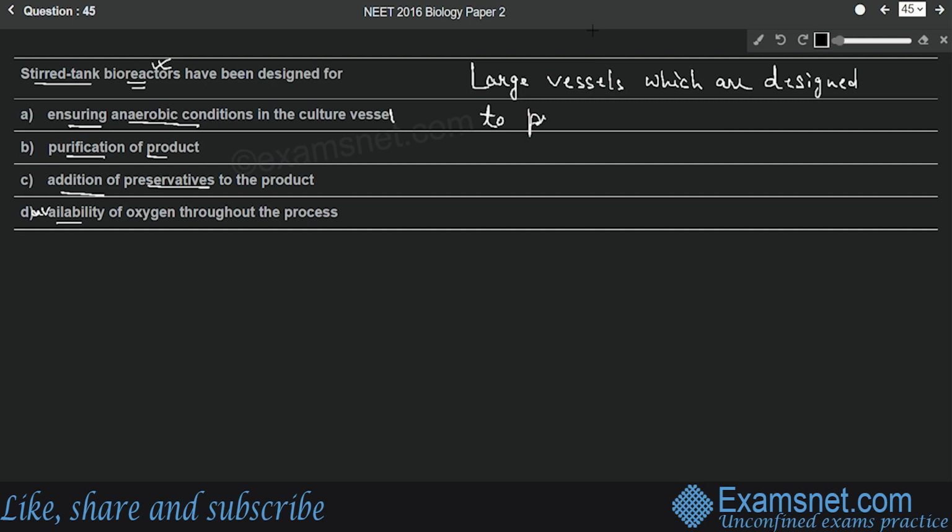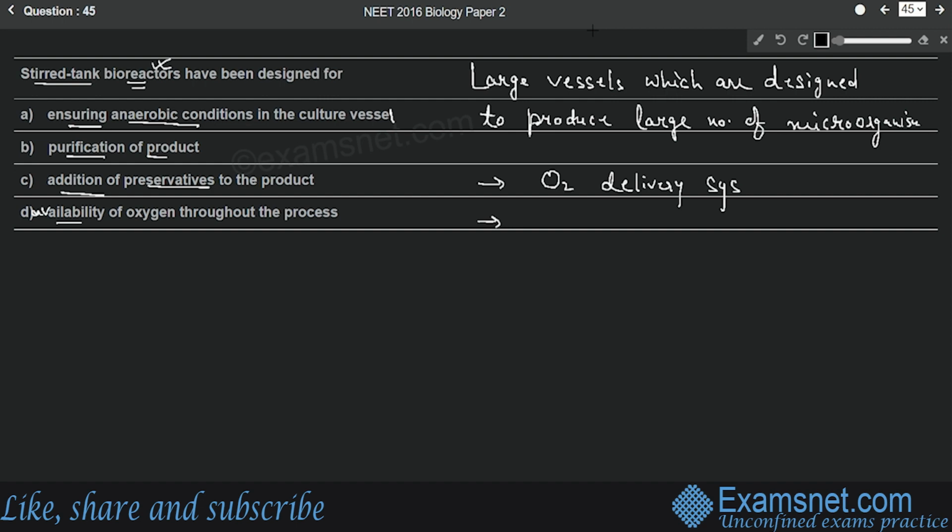And these stirred tank bioreactors have certain advantages. These have an oxygen delivery system, so that oxygen is delivered continuously into the bioreactors.